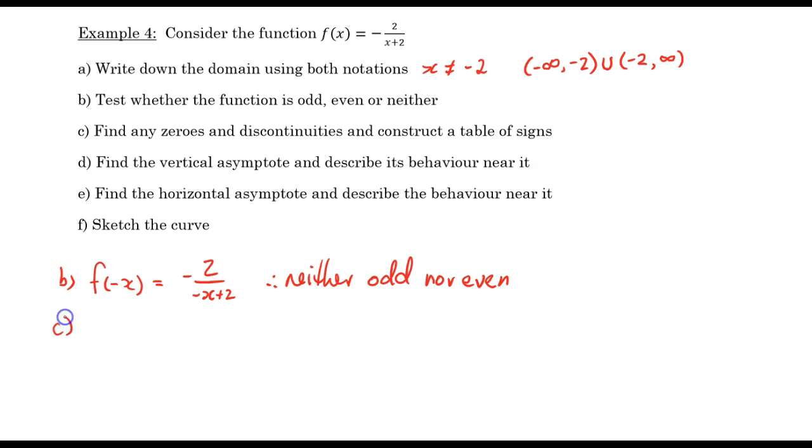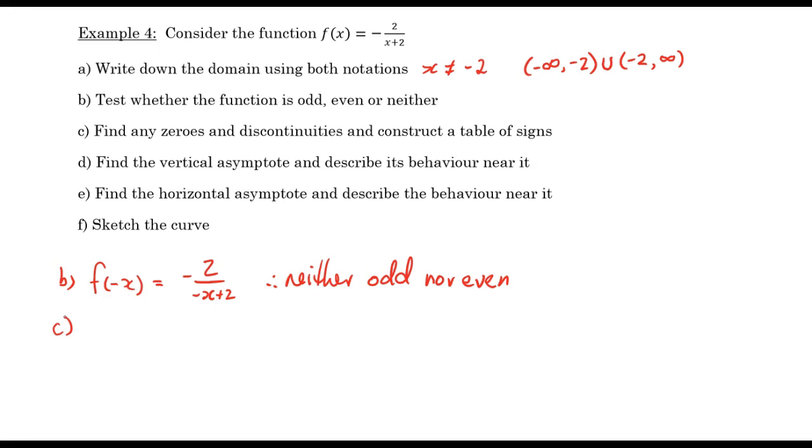What about C? What are we asked to do here? Find any zeros and discontinuities, construct a table of signs. Well, we determine there that I have a discontinuity when x equals negative 2. Is there any way for this function to be equal to 0? Given my numerator is a constant, 2 or negative 2, whichever way you want to interpret that, there's nothing I can divide a constant by to make it equal to 0.